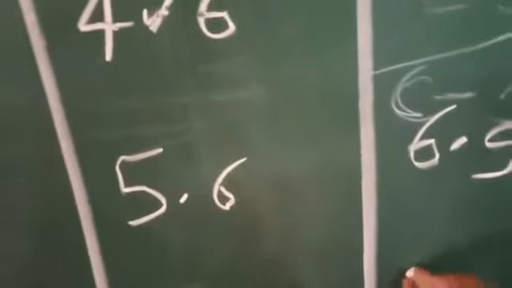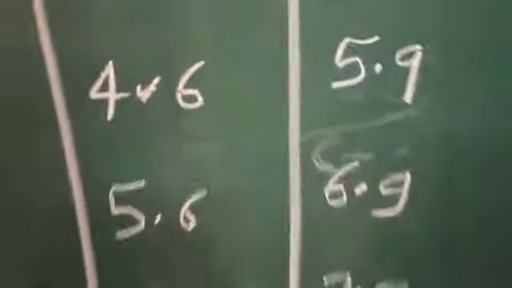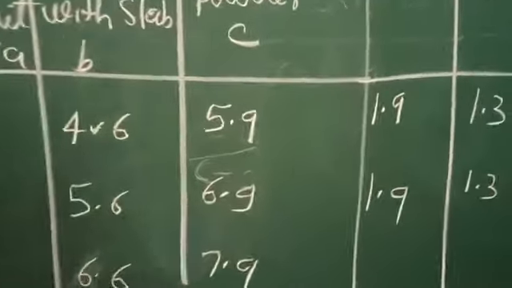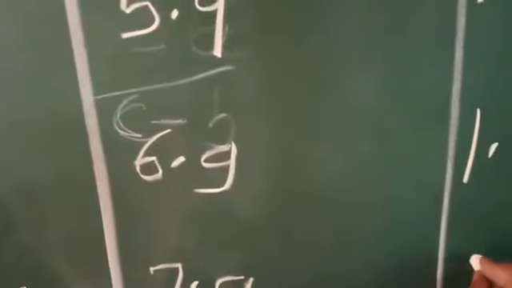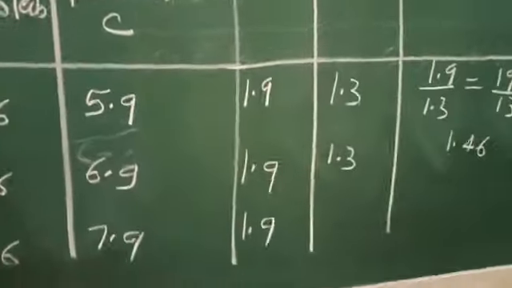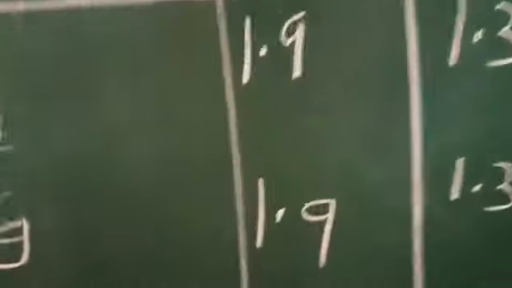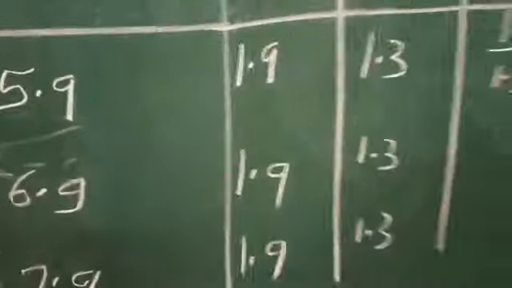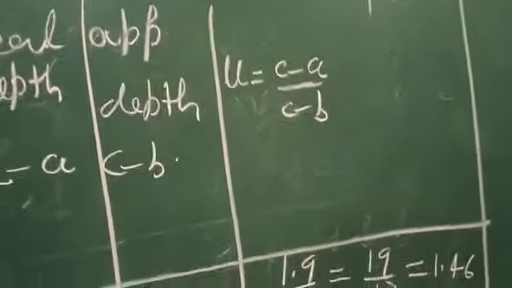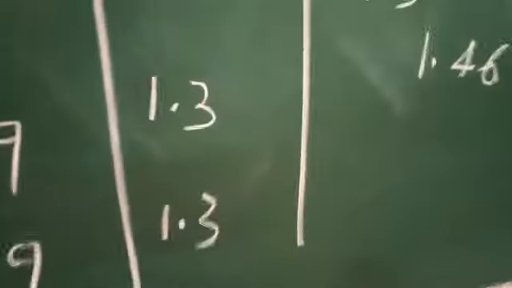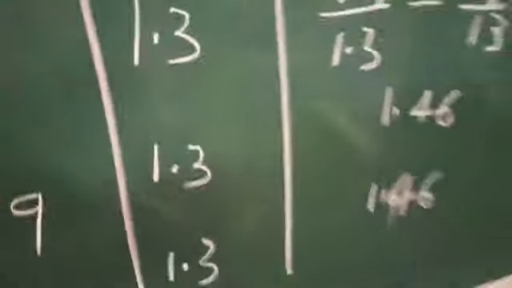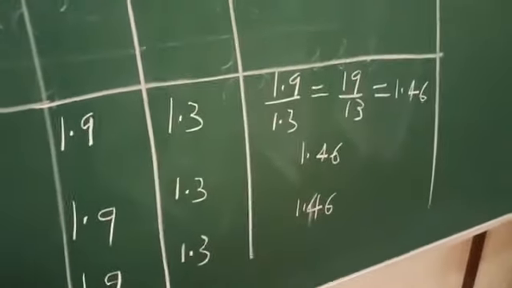This is 7.9, and next, C minus A 1.9 again coming, and C minus B 1.3 is coming. Next, so again mu is equal to C minus A upon C minus B, that is 1.46. 1.46 coming now.